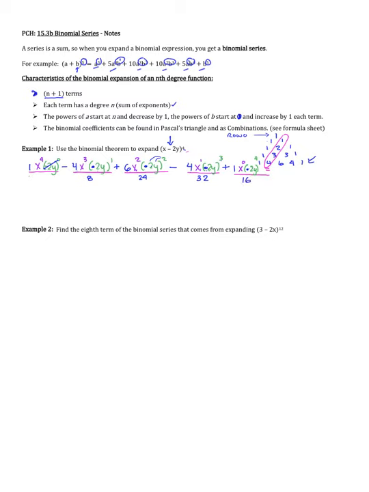And now I'm ready to write my final answer. This first term is going to be x to the 4th minus, and I've already figured out my coefficient, so I don't have to deal with the numbers anymore.